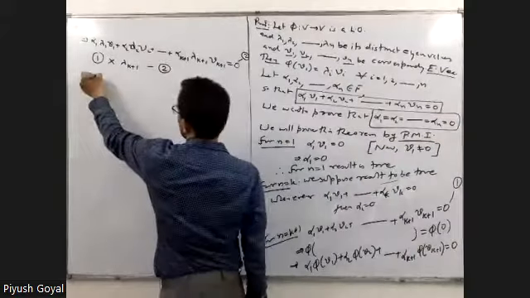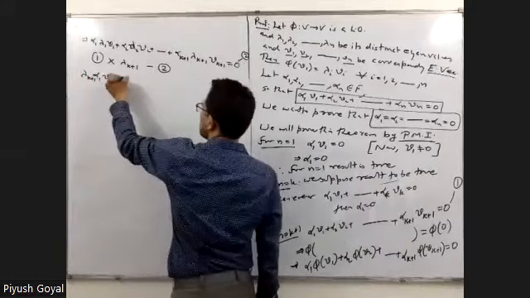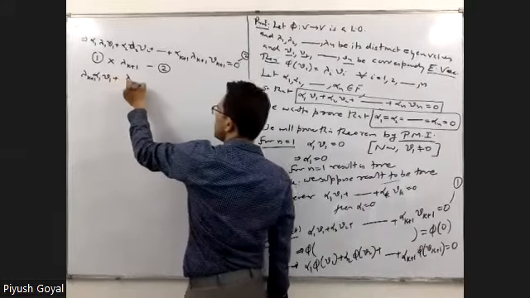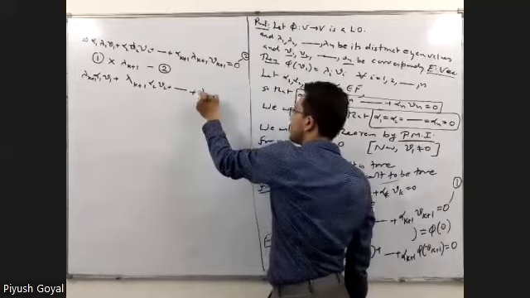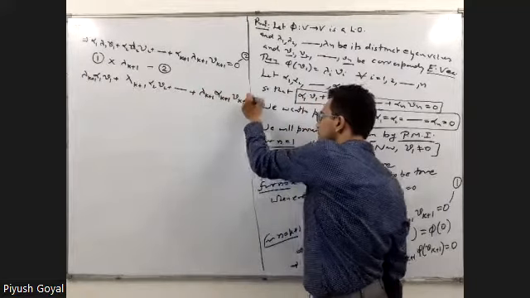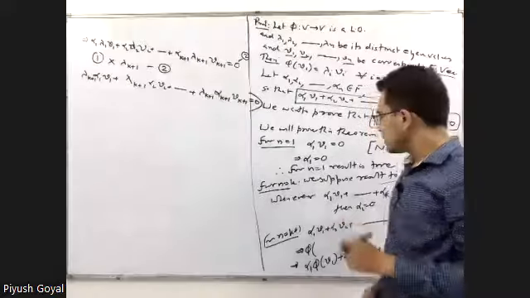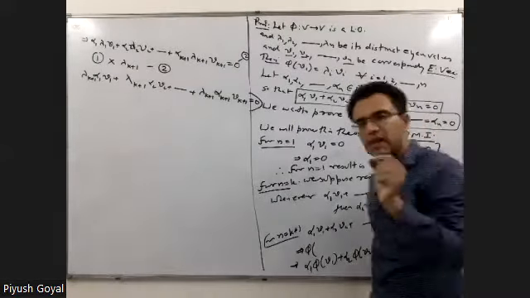This thing will become alpha 1 v1 lambda k plus 1, plus alpha 2 v2 lambda k plus 1, up to so on lambda k plus 1 alpha k plus 1 vk plus 1. This thing is equal to 0. First of all, you multiply this thing by lambda k plus 1.